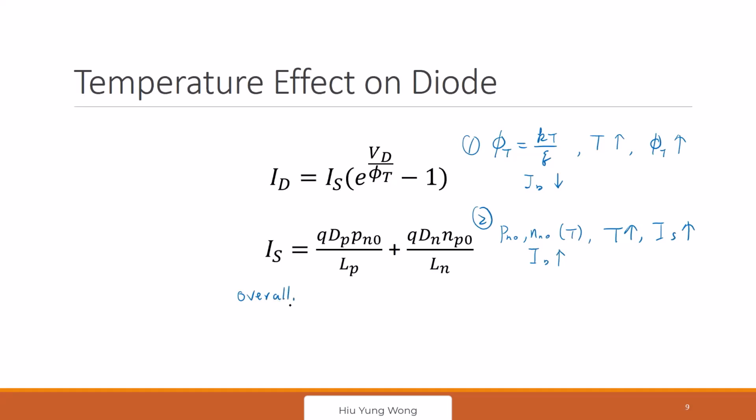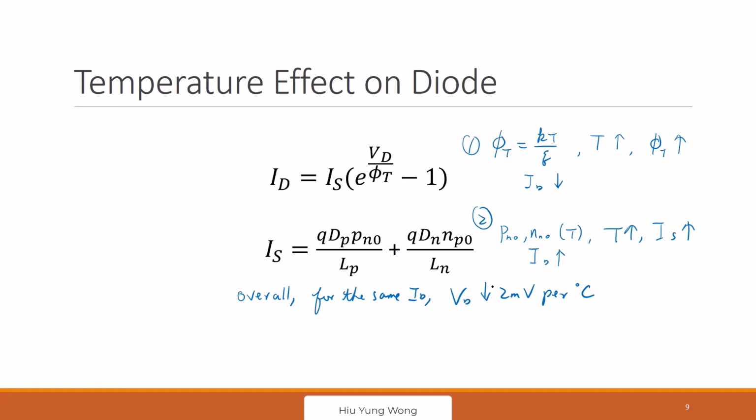We are not going to prove it, right? It is lengthy and also no need. For the same ID, VD decreases by 2 millivolts per degree C. Okay, so it means that I have a larger current for the same voltage if I increase the temperature, right?